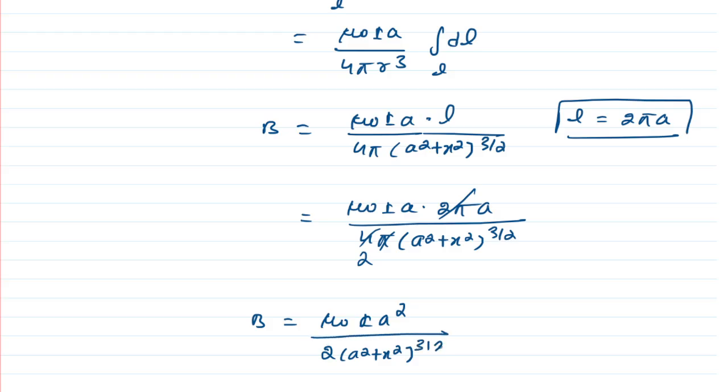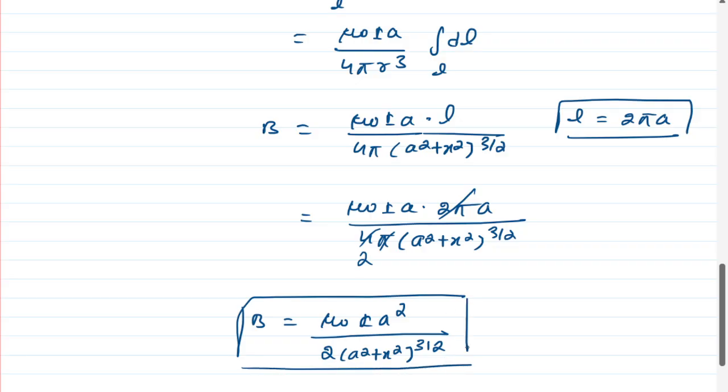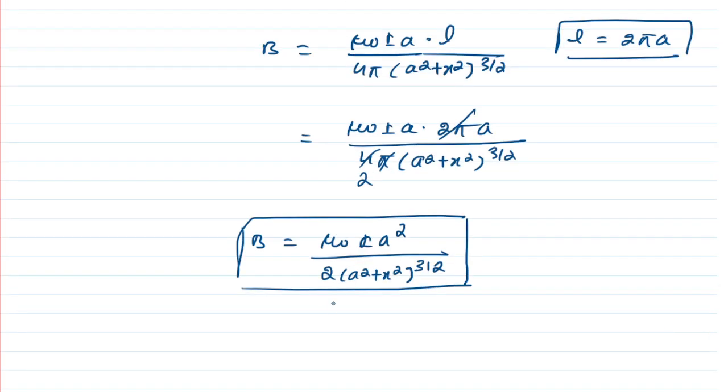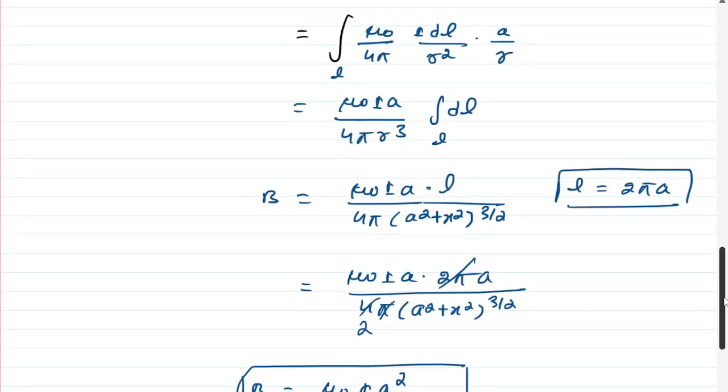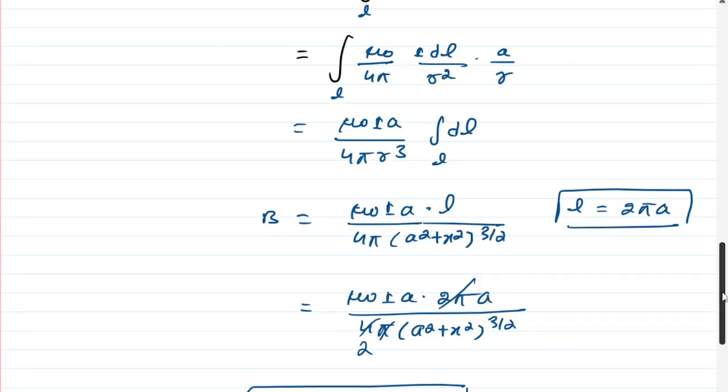This is the expression for the magnetic field at some axial point, or axial distance, of a circular current loop: mu naught I A square upon 2 into a square plus x square power 3 by 2.